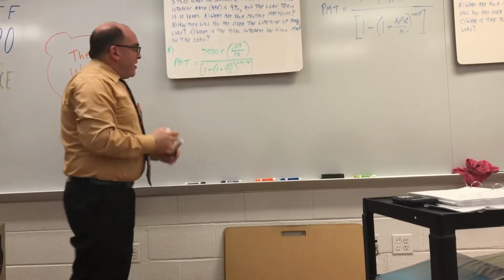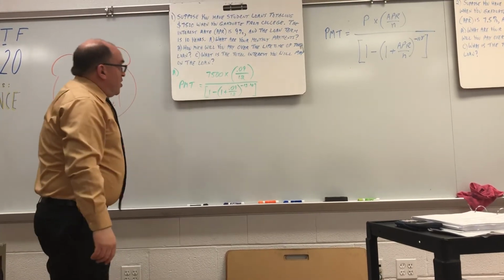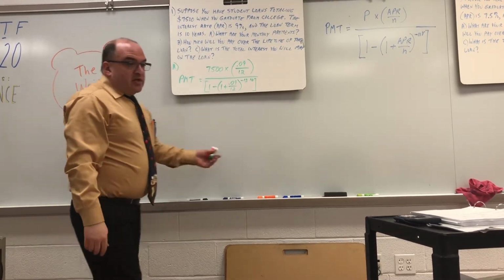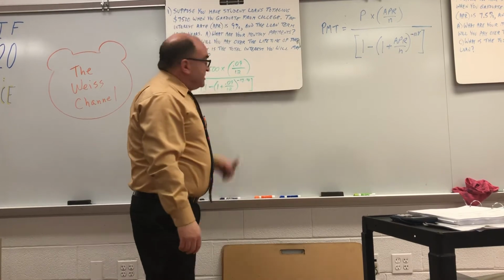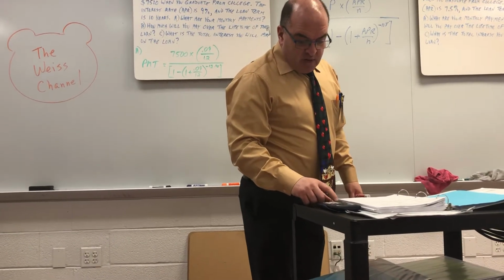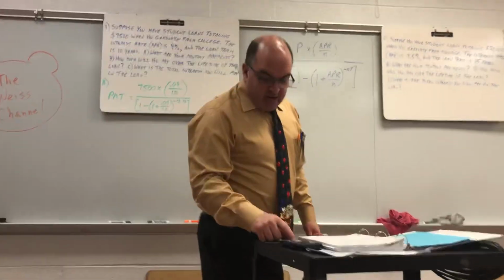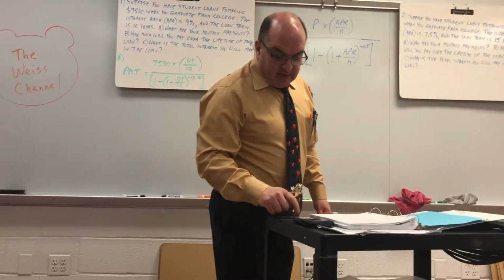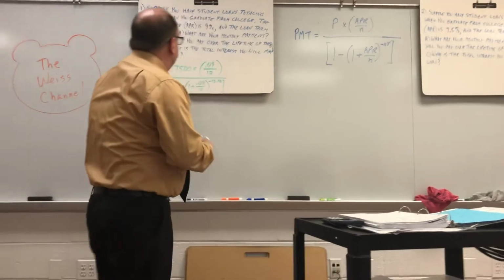Okay? Now, calculate. Starting with what's 0.09 divided by 12? 0.09 divided by 12 gives you 0.0075.